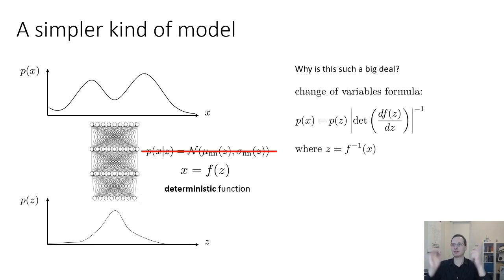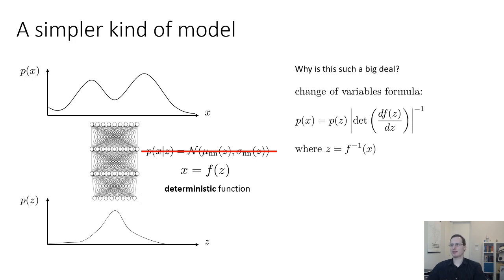So if you're doubling all of your values, then df dz will be 2. When you invert, you get 1/2. So the intuition here is that f essentially expands or contracts the volume, and you have to account for that expansion or contraction, and that's what the determinant term accounts for.